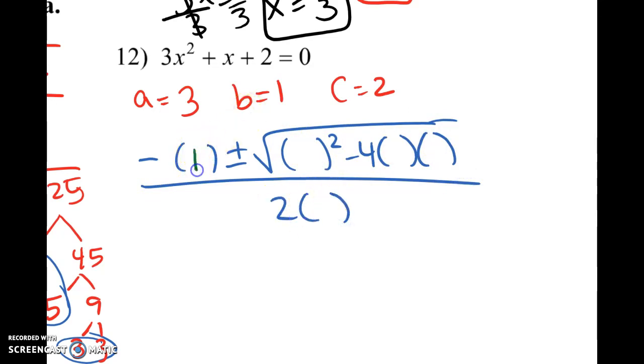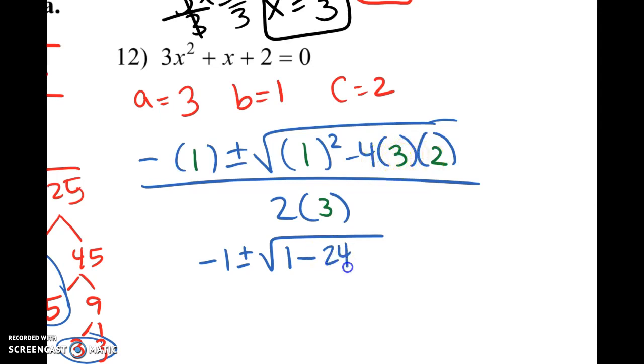So let's see, b goes here, a goes here, and c goes here. So simplifying this, I have negative 1 plus or minus the square root of 1 minus 4 times 3 is 12 times 2 is 24, all over 6.